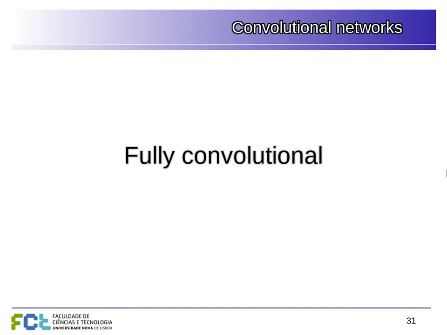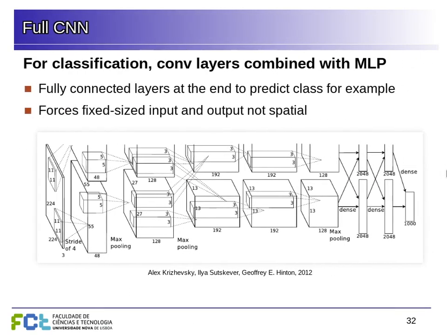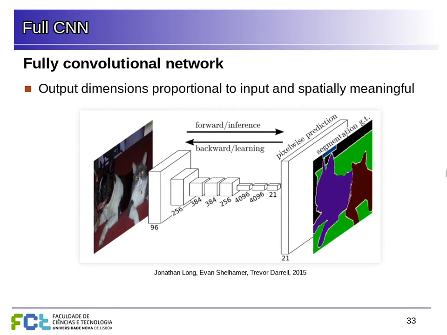But there are cases where we can have fully convolutional networks. This is another example of a classification network that has these dense layers here. This one is convolutional at the beginning, but then it's a dense network. But we can have networks that output a feature map at the end, so it can be convolutions all the way.